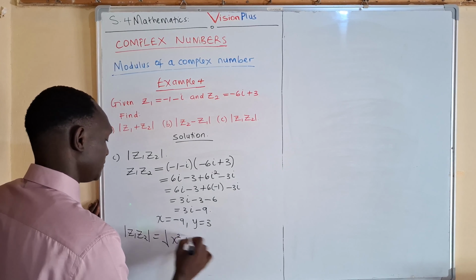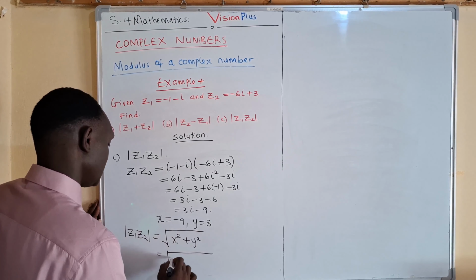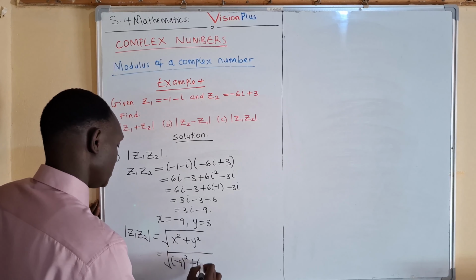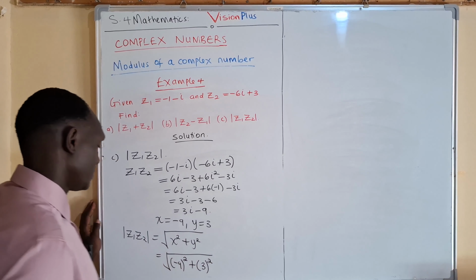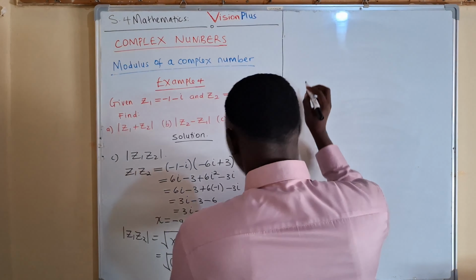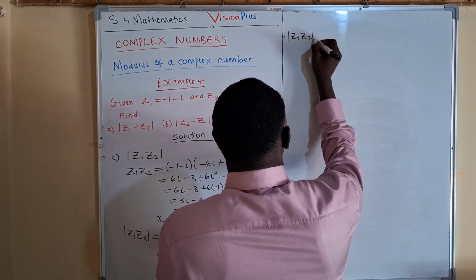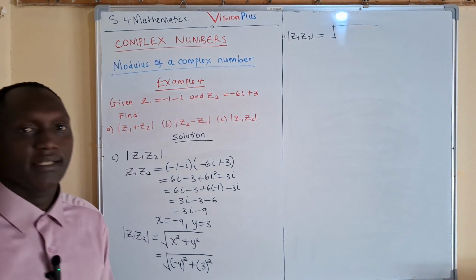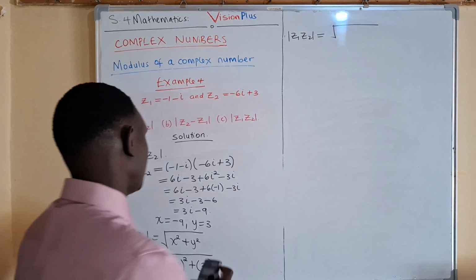This gives us, what is X? X is negative 9, but we are squaring it, plus Y, which is 3, and we are squaring it. What is 9 squared? 9 squared is 81.